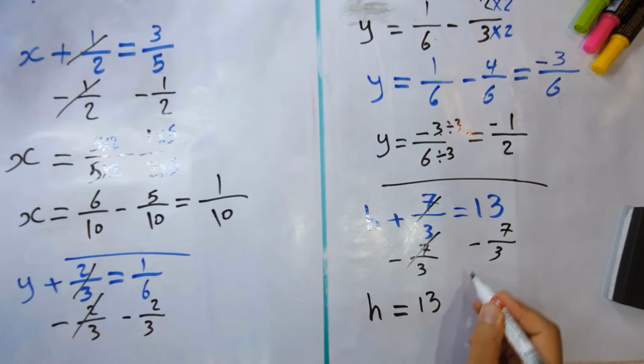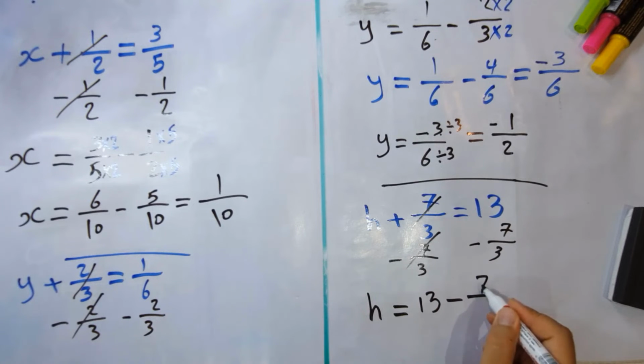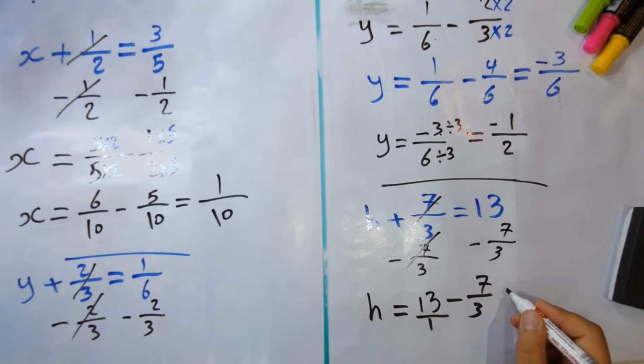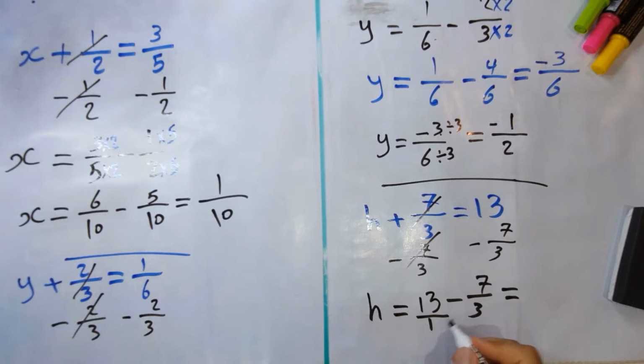13 minus 7/3. We wrote it this way because the denominator is not the same, where the denominator of 13 is 1. Okay, we should make the denominator the same. Can you make 1 become 3? Yes, multiply by 3.